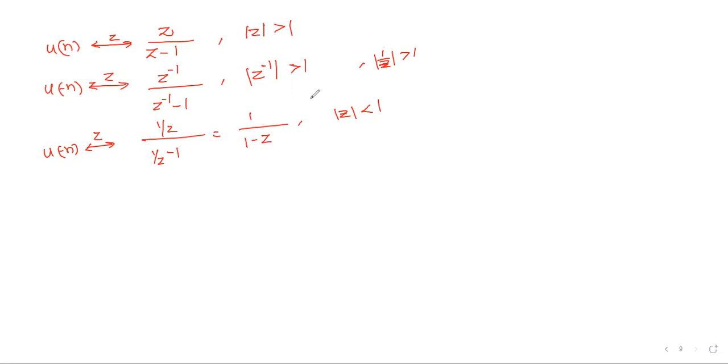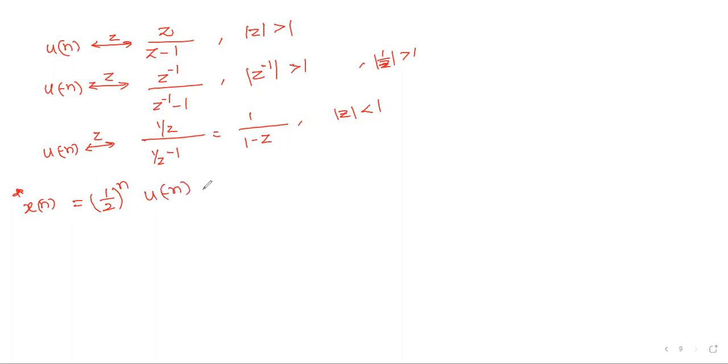Now we will see a few more numericals based on this time reversal property. So the next problem is, let me take x of n equal to 1 by 2 whole power n u of minus n. This is somewhat important.